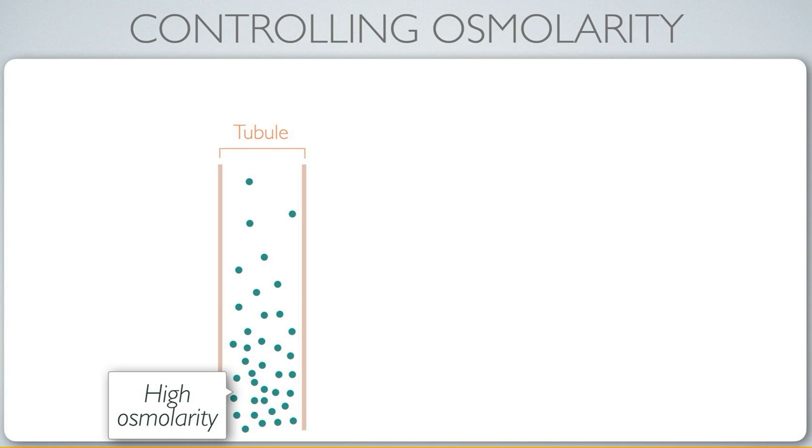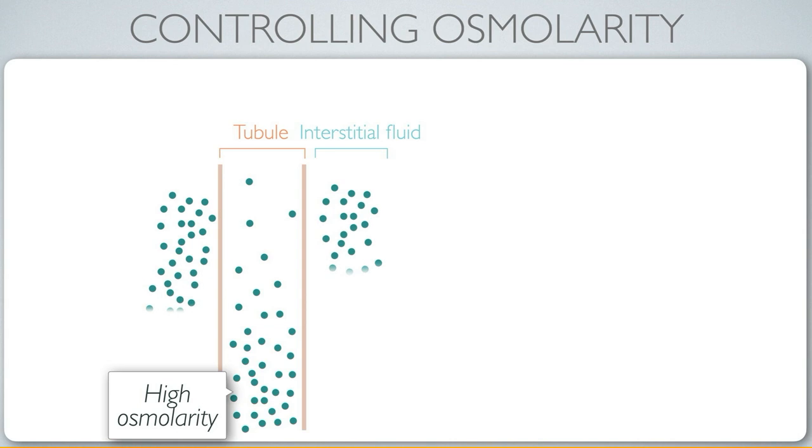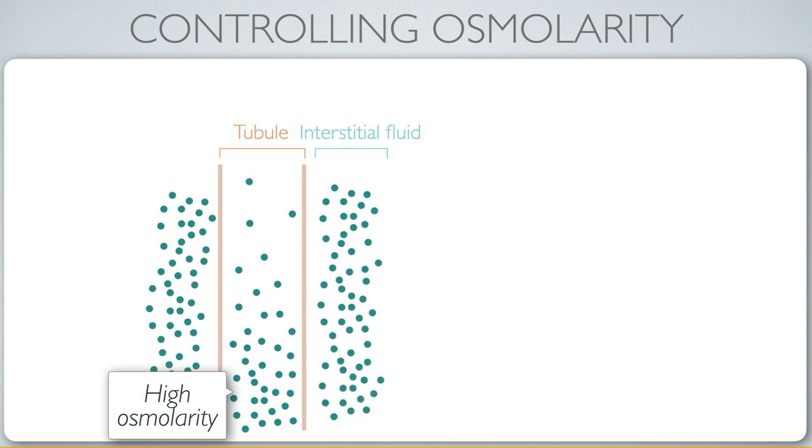So in this case, our aim is to remove water. And if we're going to allow osmosis to remove water from this solution, that means that outside the membrane, we need to have a high concentration of dissolved particles. And that's what we see. The interstitial fluid around the tubule has a higher osmolarity than the filtrate inside of the tubule.